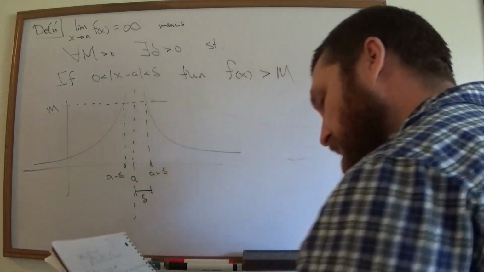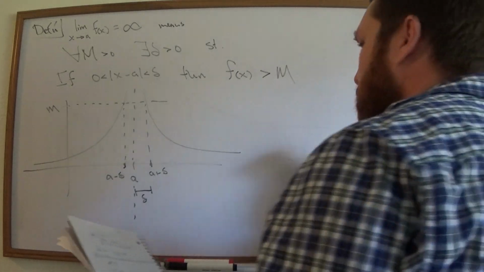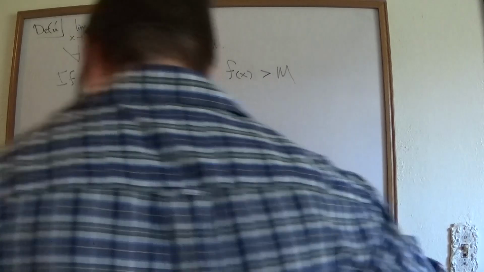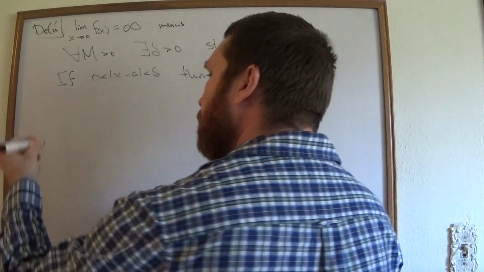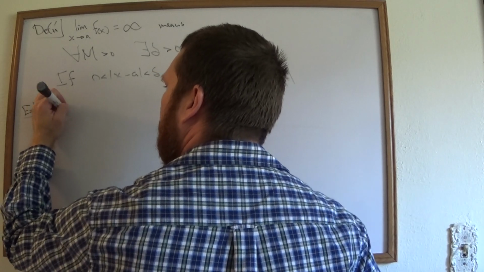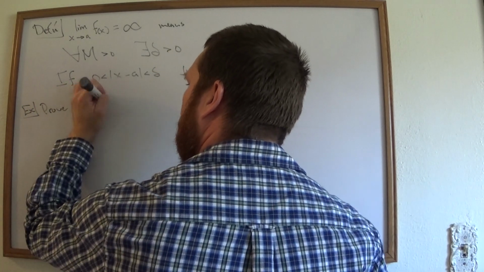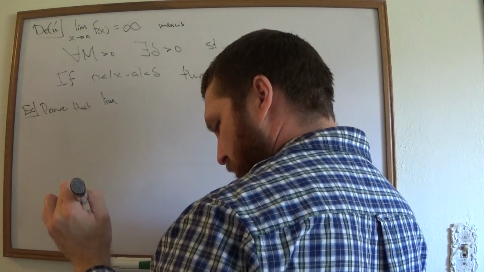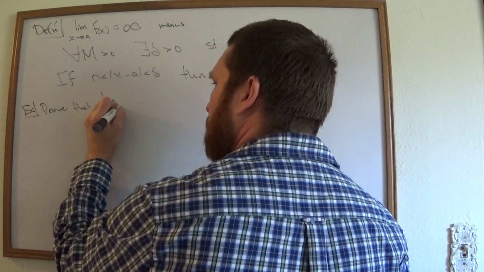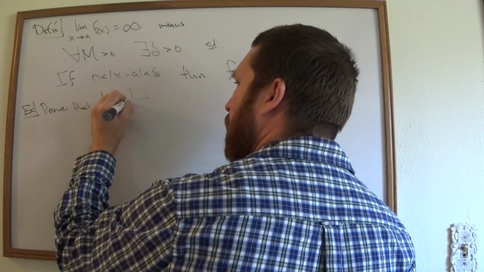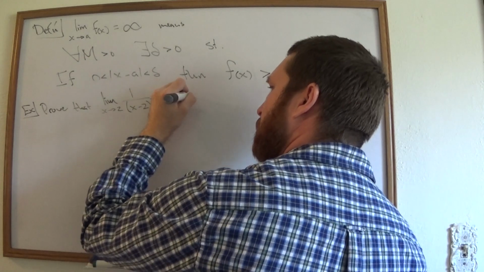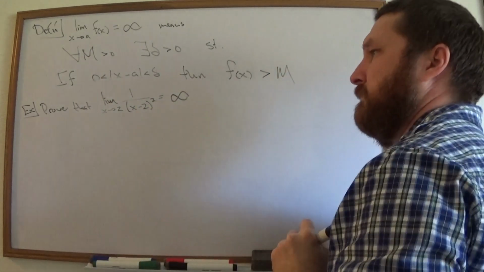Okay, so we're going to do a quick one. Using this definition, we want to prove that the limit as x goes to 2 of 1 over (x minus 2) squared is equal to infinity.